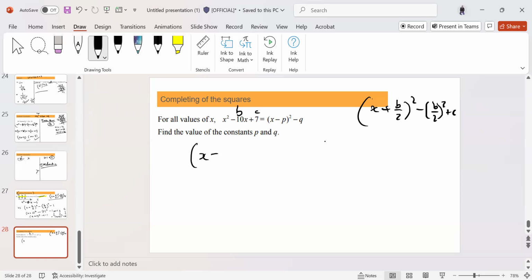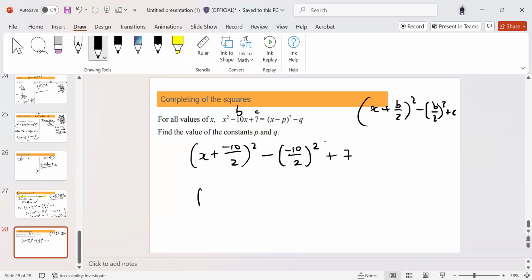That's going to be -10 here. I can still put the plus sign, but I know it's going to become a negative. -10 here, squared, plus C.